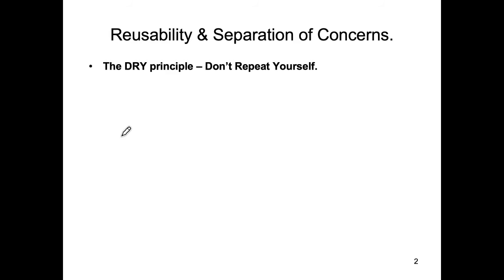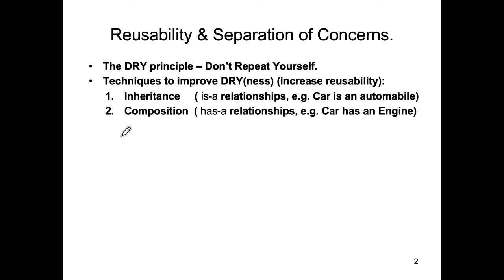Each module has only one concern, and there is no repeating code between modules in an application design. Now, where's all this going? How do we achieve good high reusability, good separation of concerns, maximum dryness, I suppose you would say?